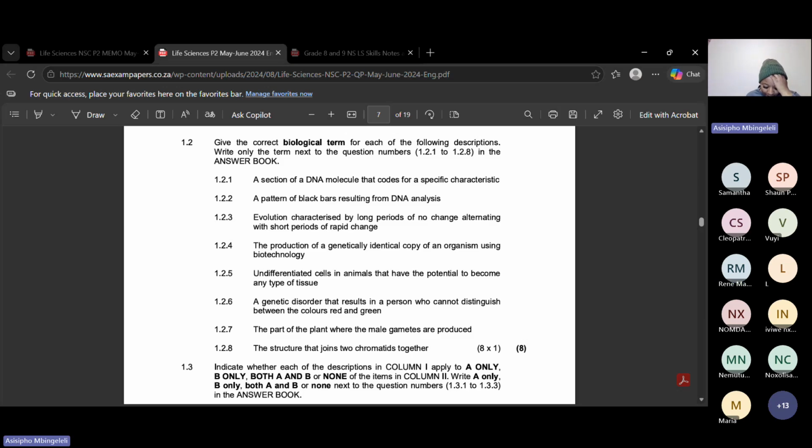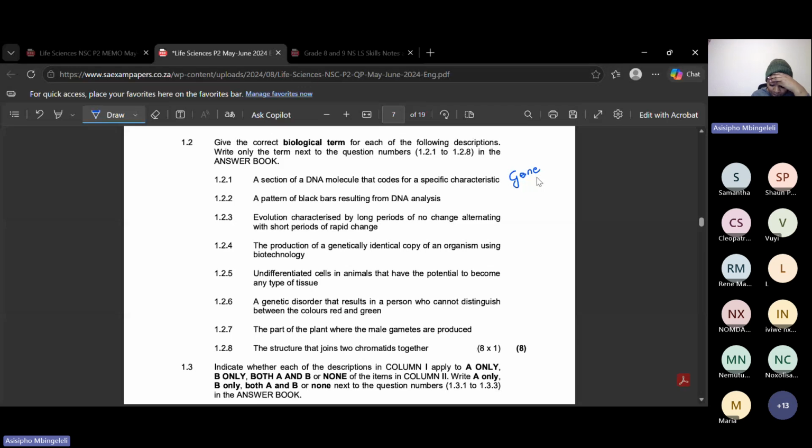Okay, so here there is 8 statements. You just need to write the biological term. So here it says a section of a DNA molecule that codes for a specific characteristic. That is a gene. So that is simple.